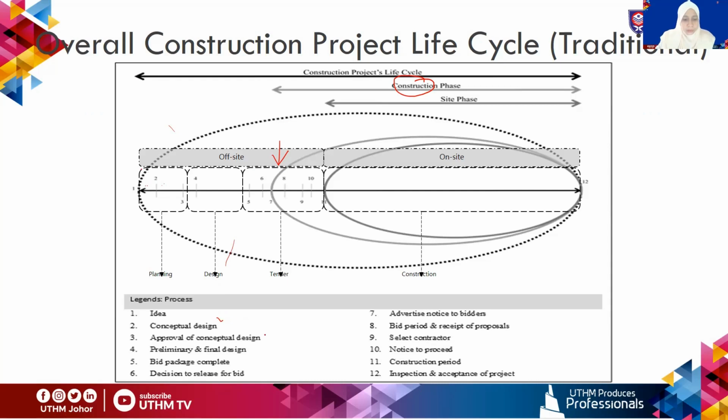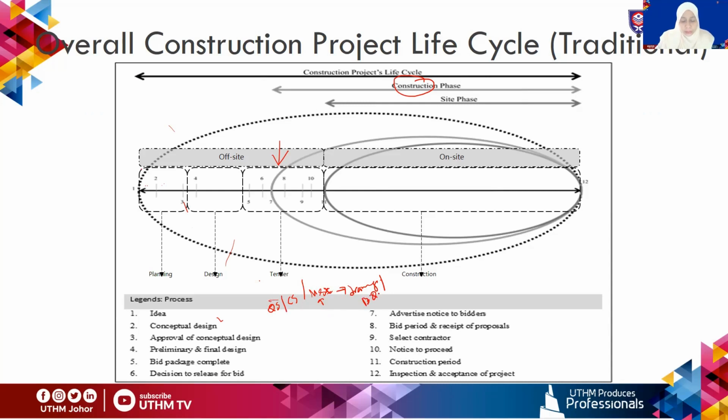Okay, after the client and architect agree with the design, dia dah masuk fasa step yang ketiga, which is the conceptual design will be distributed to the other consultants, macam QS, quantity surveyor, CNS, civil structural, MNE, okay. All of these, they akan prepare their own drawing juga. Okay, drawing and BQ. QS akan come out dengan BQ.